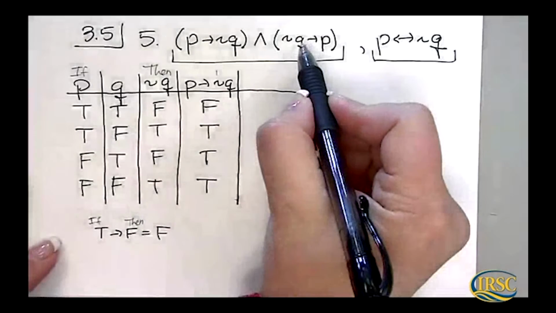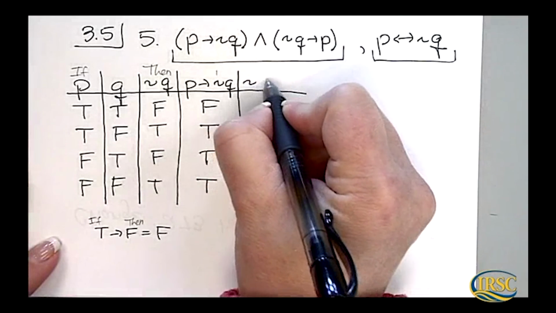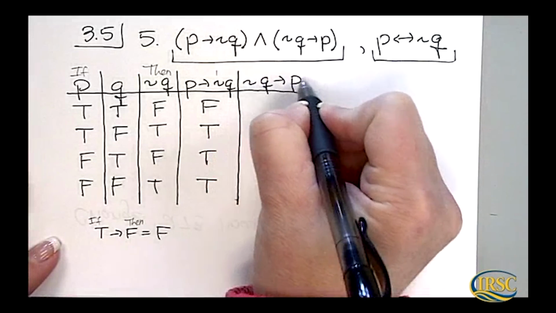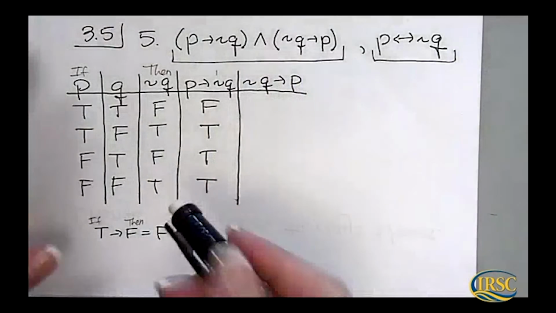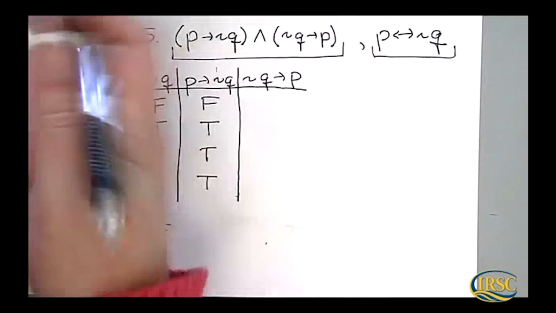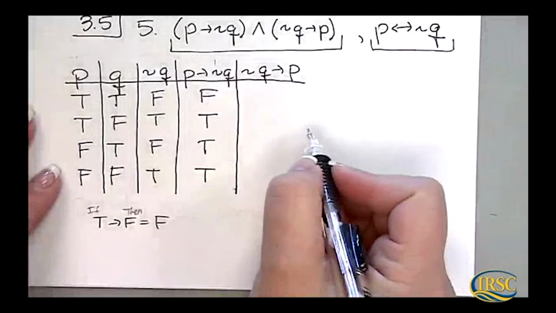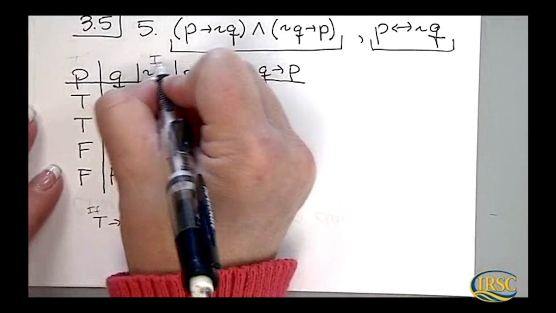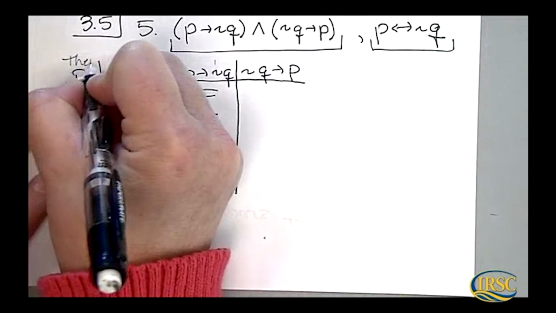All right, looking at the next parentheses, if not Q, then P. So now we're reversing the order. And again, this is why I recommend pencil when you're doing this stuff so you can erase it. So this is now your if, and this is your then.